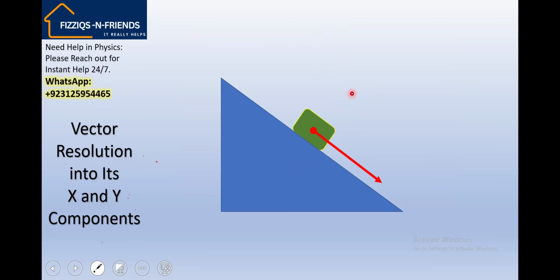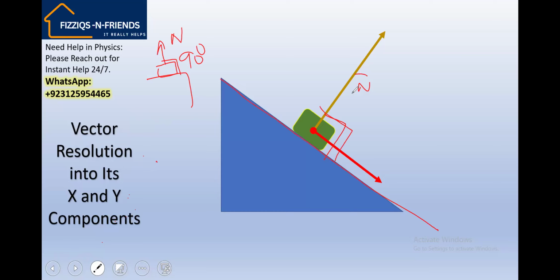So if I draw the normal, you see this is 90 degrees to the surface. Previously we had a table and there was a book on it, so normal was at 90, right? So normal force is always 90 to the surface. So if the surface is tilted, the normal will be tilted too.